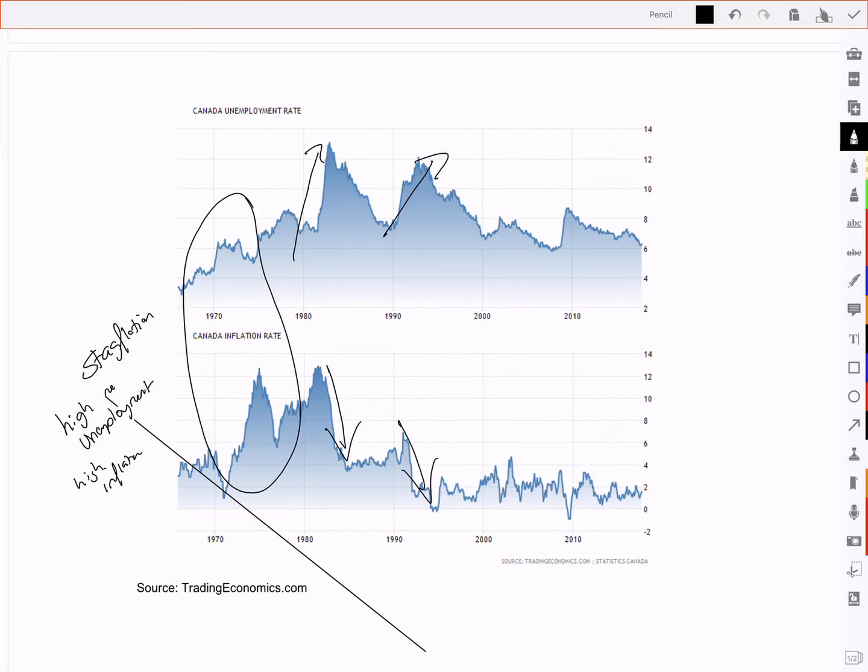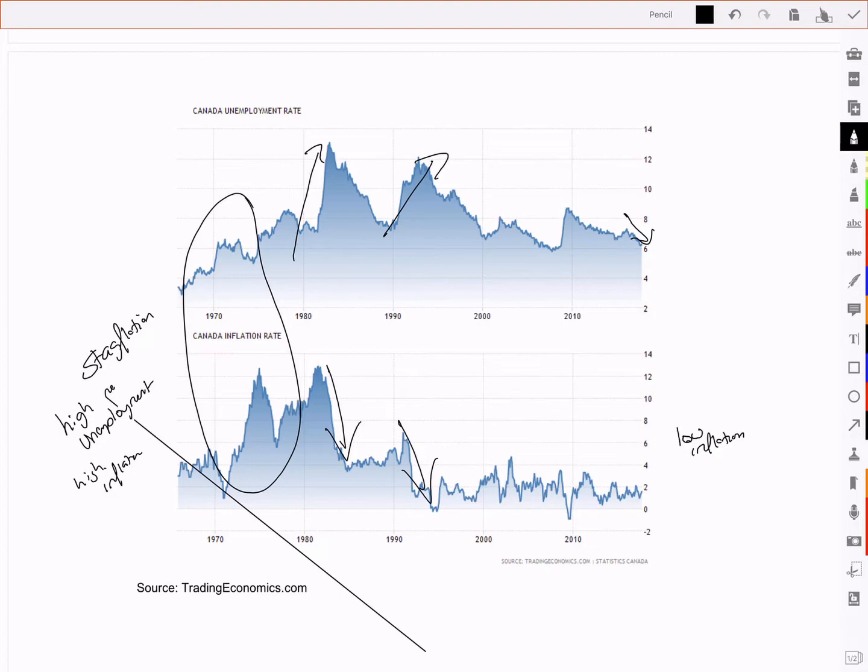Okay. Now, if we look at the current years, so as we look at 2017, we have entered a unique point in time, because we now are reaching a point where we have low inflation and the unemployment rate has been falling. Okay. Now remember, full employment is 4 to 6.4%.